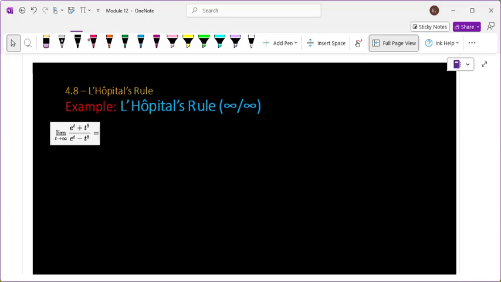So e to the t, exponential functions. We know the derivative of that is e to the t. So the rate of change is the same as the original function. So no matter how many times I take the derivative, I keep getting the same thing back. There's a lot of ways we exploit that in math, but for something like this, when you're comparing e to the t versus any sort of polynomial, e to the t always wins.